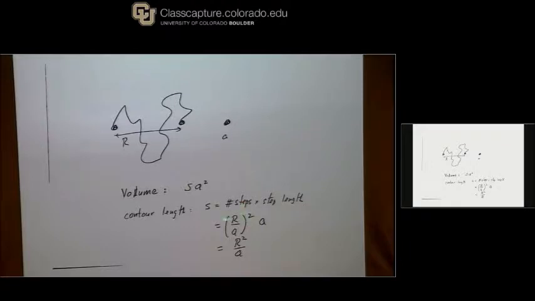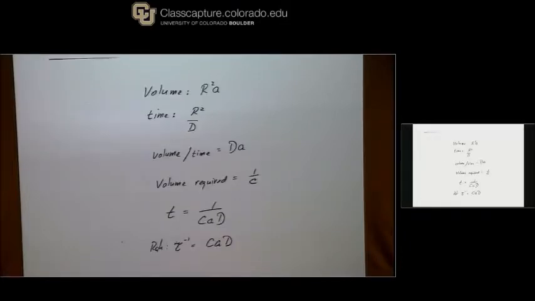And the number of steps is just this divided by the step length squared. That's the contour length. So this S is R squared over A. I'm still going to have the time. It goes as R squared over D. So now I have the volume over time. The volume is just the inverse of this.